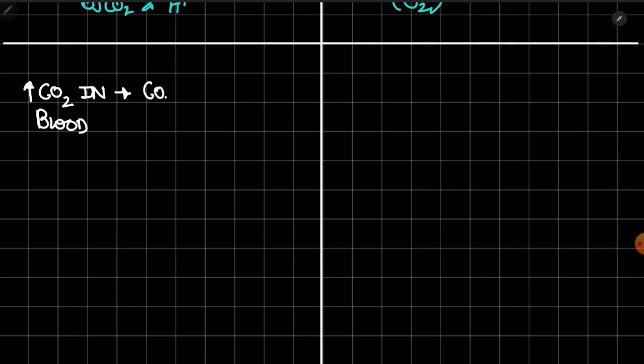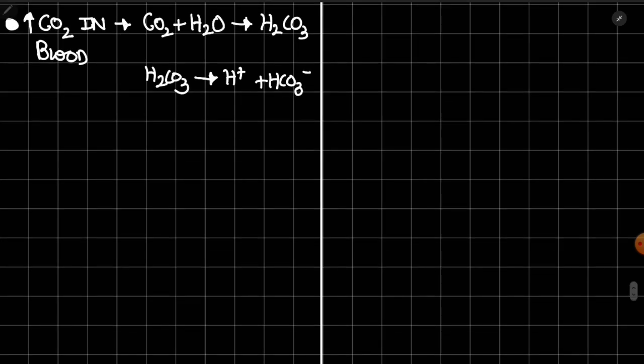So what will happen, this CO2 will combine with H2O to give H2CO3. Further this H2CO3 will break and give us H plus plus HCO3 minus. Now this H plus which is formed will go to the brain.